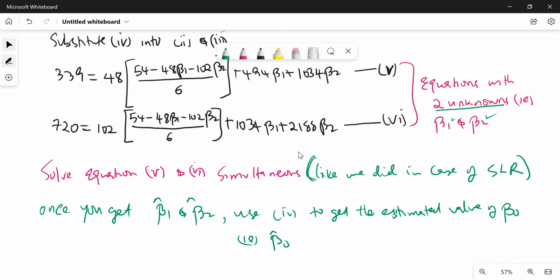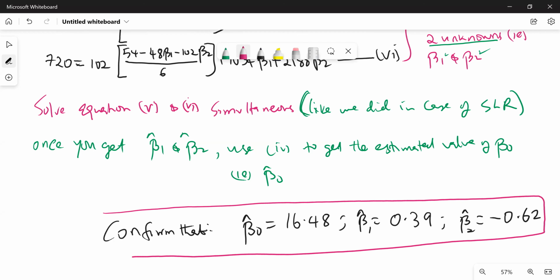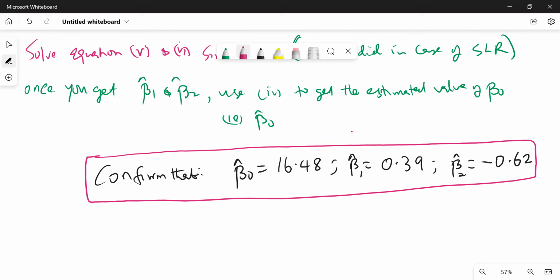Okay, so I believe that is something that you can do on your own. But I'll give you the answers that correspond to these values so that you can check whether your answers are correct. So once you solve the equations, you confirm that these are the correct answers. Those are the estimates of beta naught, beta 1, and beta 2.